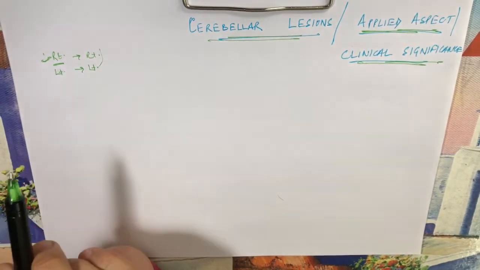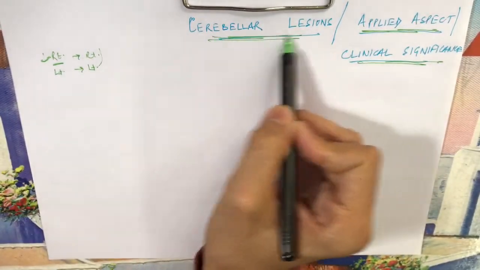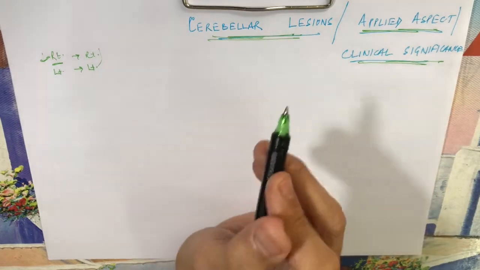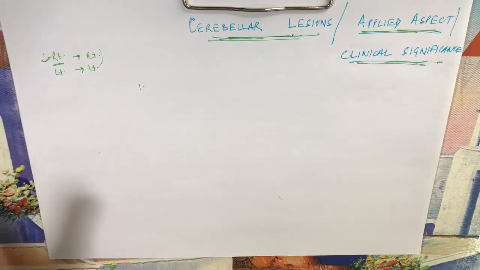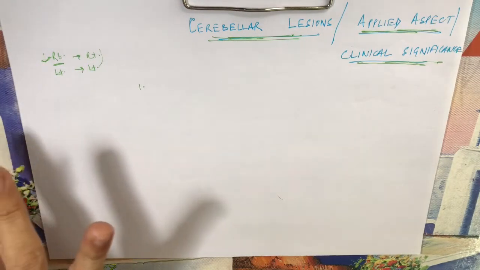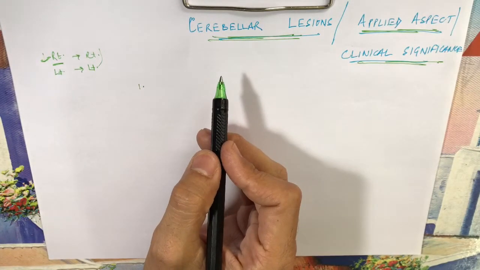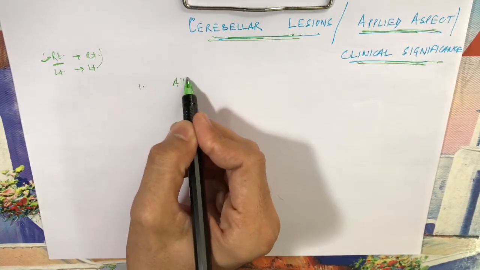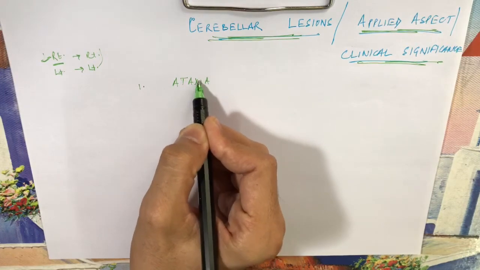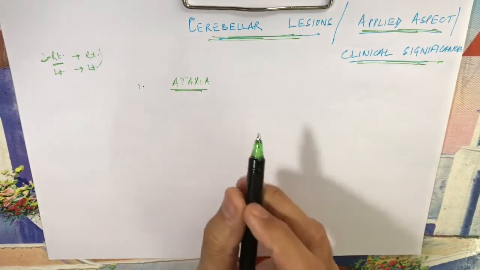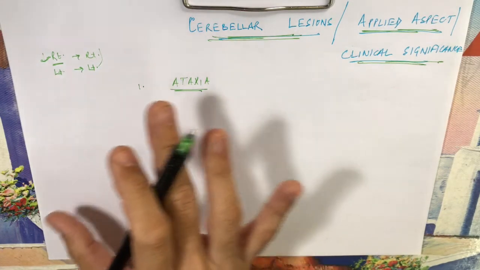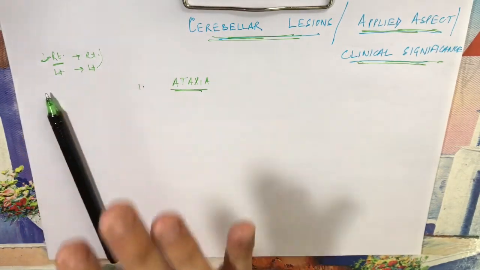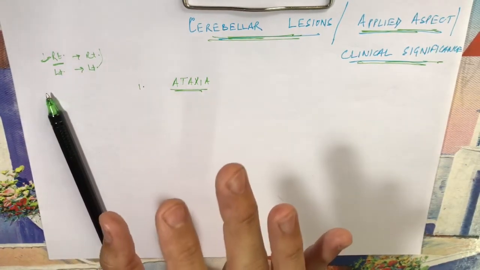Now, what can be the symptoms of the cerebellar lesion? First and foremost, like we know the functions, by going back to the functions, the comparator function, damping action, all these things, the first thing we can say is ataxia. What is ataxia? Ataxia is imbalance, right. It is due to incoordination, the motor abnormality that happens due to damage in the cerebellum.